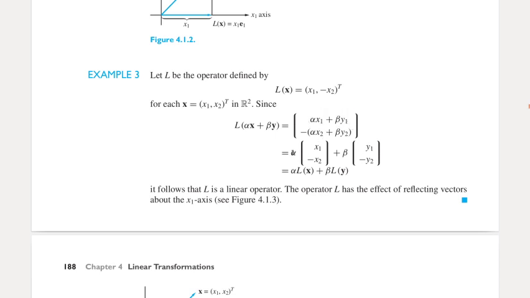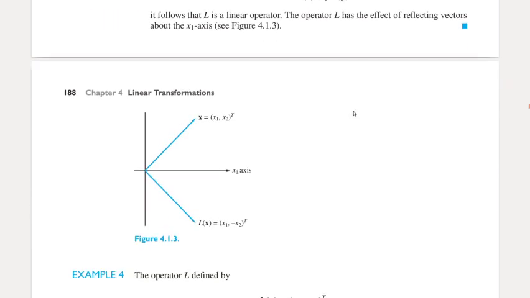And the second component will be negative alpha x2 plus negative beta y2, and you can take the negative common to get this line. So this is the same as this, and this part is just the transform of x, this is just the transform of y, and you have the same linear combination on the right-hand side. So this is also a linear transformation.